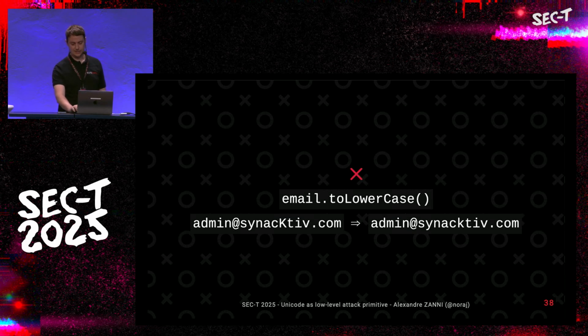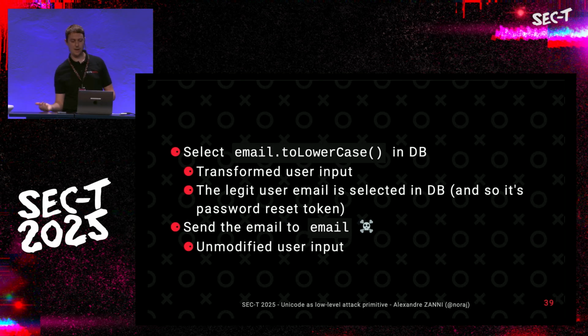So what will actually happen is that in the SQL query, the user input is lowercased. So we'll get the legitimate administrator address, and so we'll also get its password reset token.